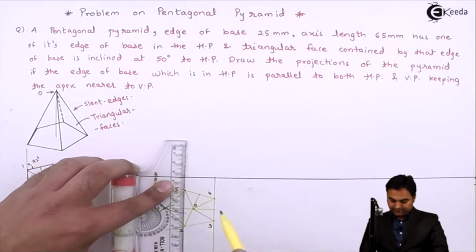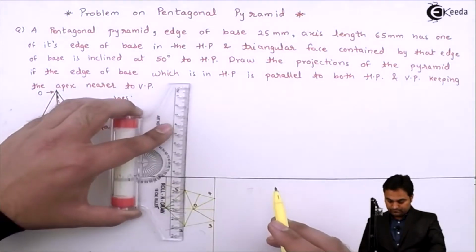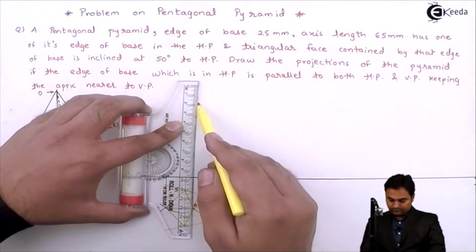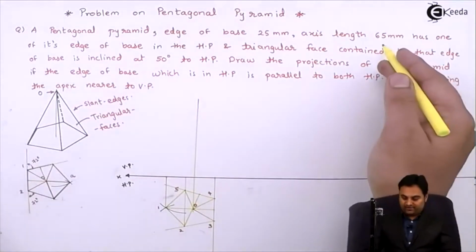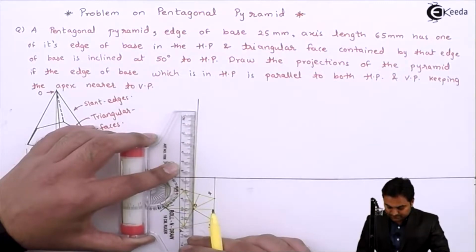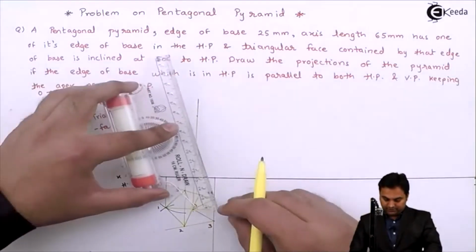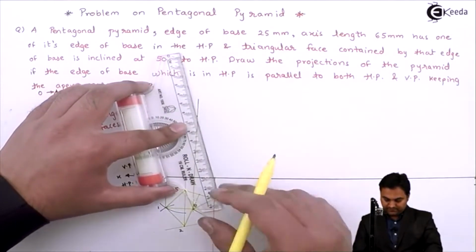Projecting the pyramid in the front view. The axis height is 65 mm. So measuring 65 over this axis, joining it with the help of light line first.